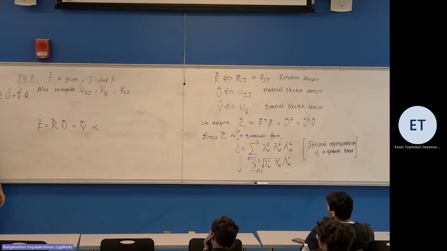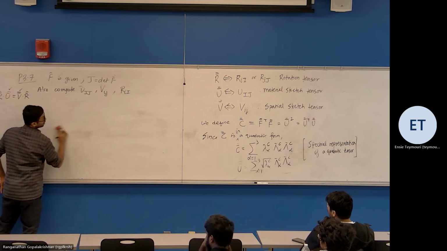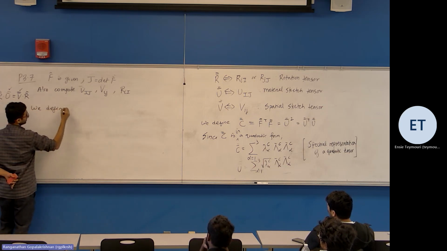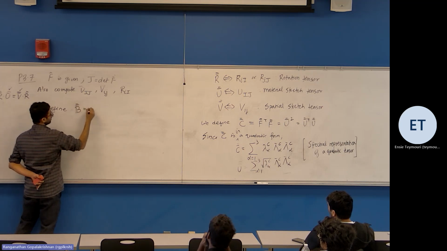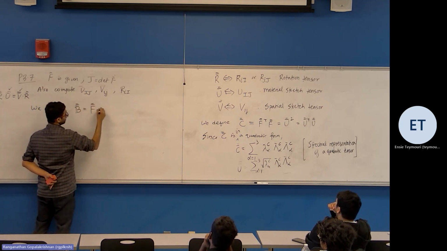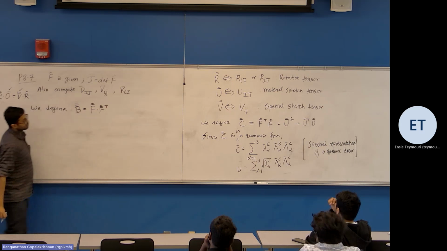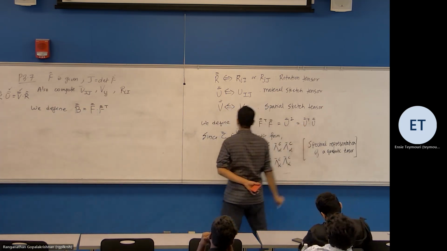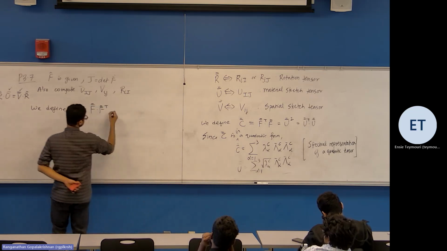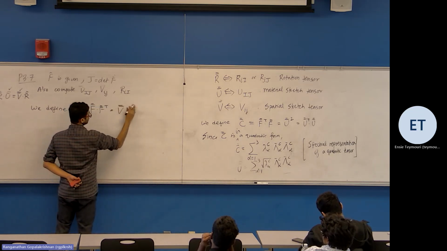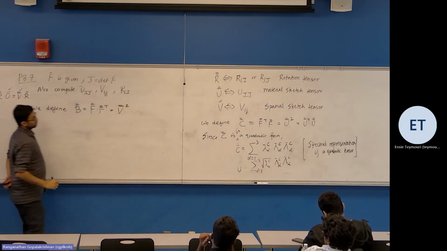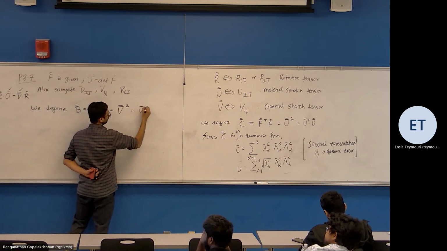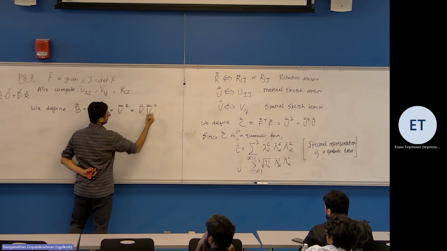So then we now define another quadratic form B, which we will write as F times F transpose, which is equal to V squared. This is V times V transpose.